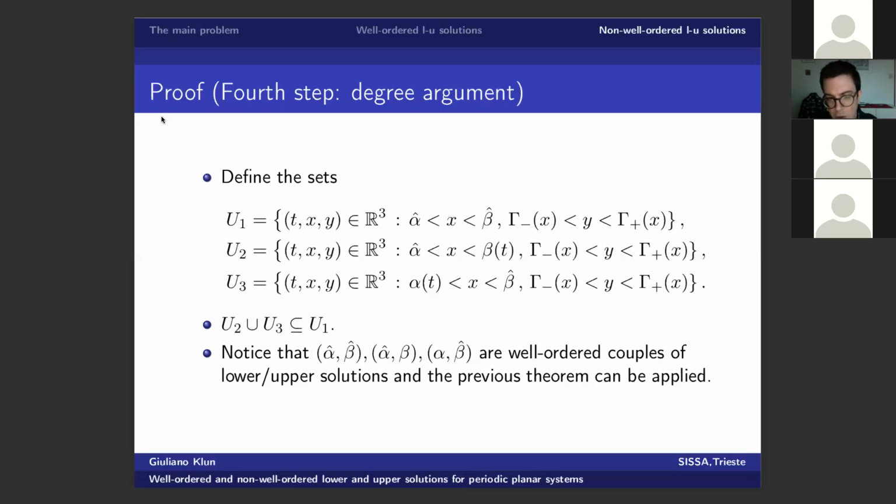Clearly, by the position made before, U2 and U3 are contained in U1, and each of these three couples is a well-ordered couple of lower and upper solutions. So we can apply the previous theorem.